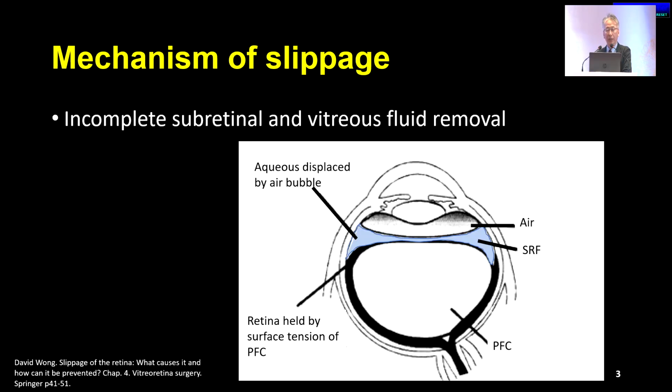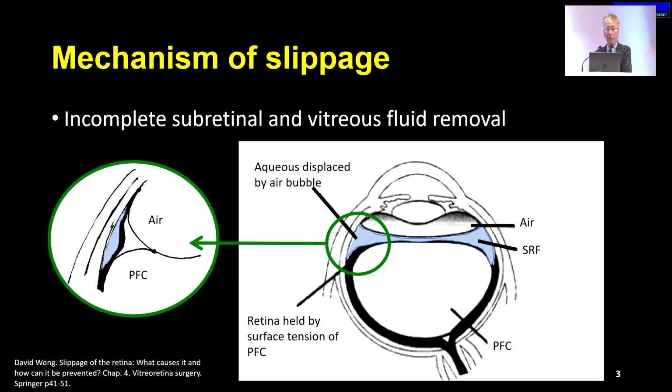And when the air comes in, the subretinal fluid is sequestrated underneath the retina, and then when you go further with the gas, this fold, because of gravity, comes lower, even onto the macula.